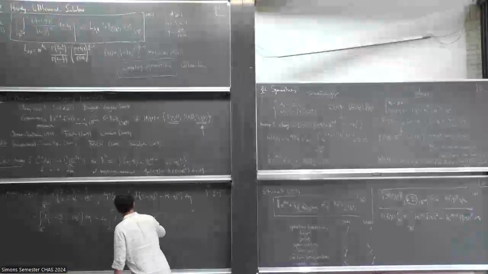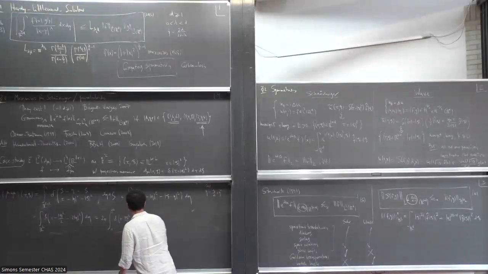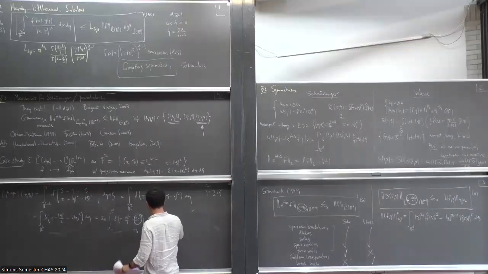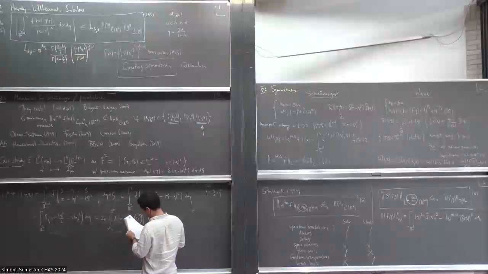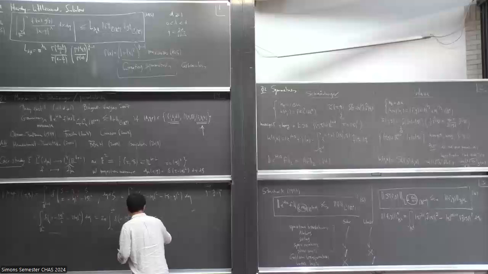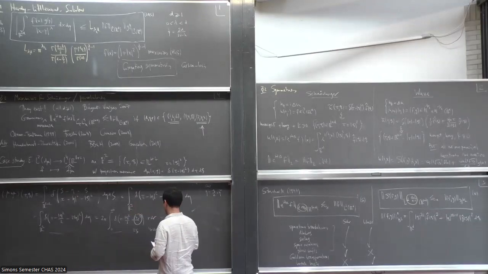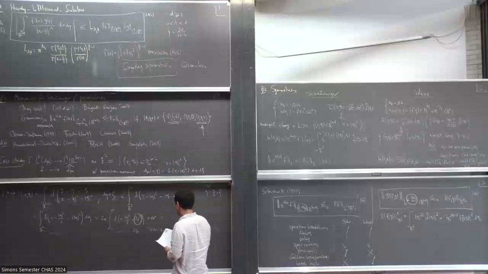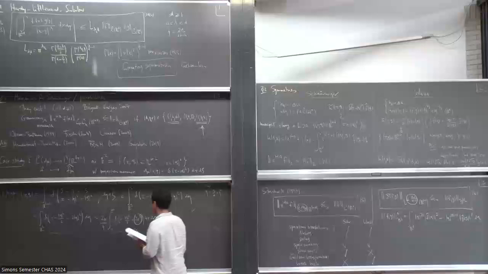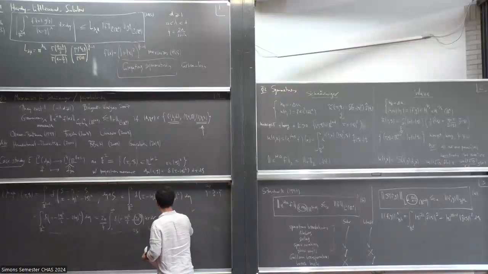Let's change variables once again. One last time, actually. Call 2r squared s, which means 4r dr equals ds. So I can multiply by 4 here, divide by 4 there. 2 pi over 4 is pi over 2.